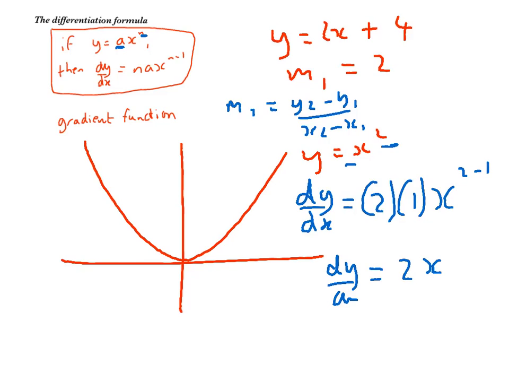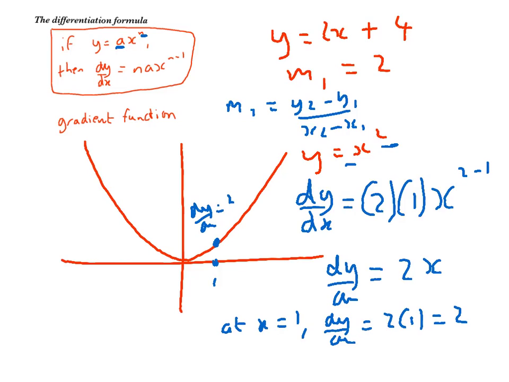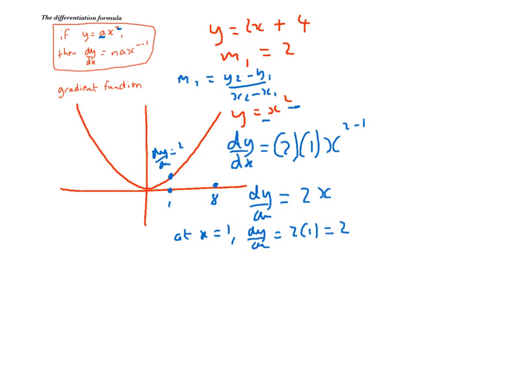So if I pick a value x equals 1 and put that in, at x equals 1, dy over dx equals 2 times 1 equals 2. So at this point, the gradient dy over dx equals 2. Now if I pick the point x equals 8, you'll see that actually at x equals 8, dy over dx equals 2 times 8, which is 16.